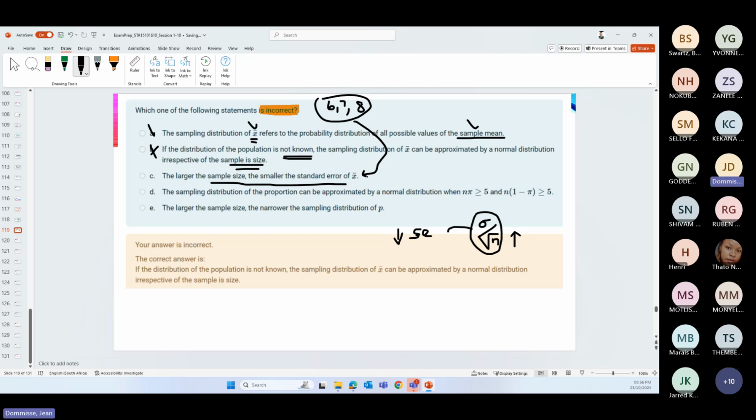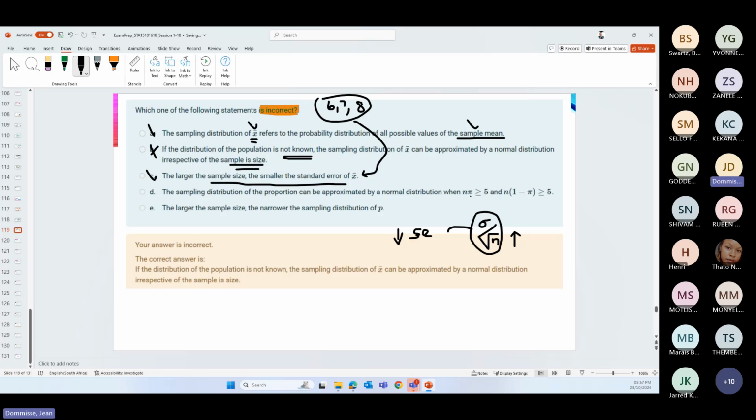Then if you look at the fourth option, the sampling distribution of a proportion. Okay, so now we're nearly testing all of the options in study unit 6 and 7, can be approximated by a normal distribution.